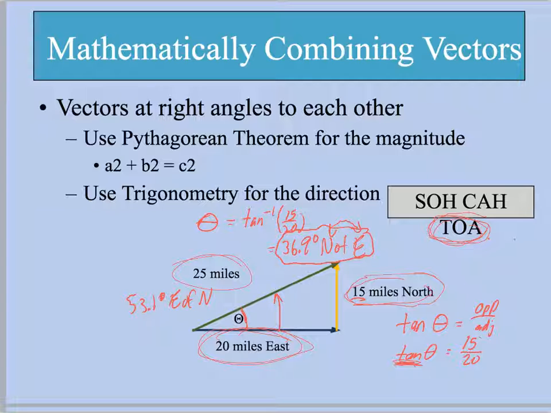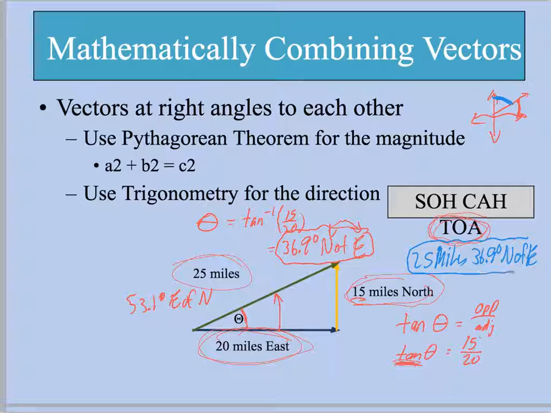So if you're looking at a compass, this angle would be the 36.9 degrees, and this angle here would be the 53.1 degrees east of north. Either one would be acceptable. So you would write, if you remember our answer was 25 miles, 25 miles, 36.9 degrees north of east would be the overall vector for the resultant, the green vector here.